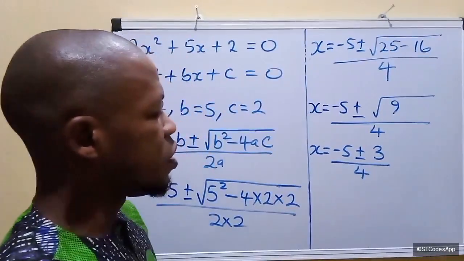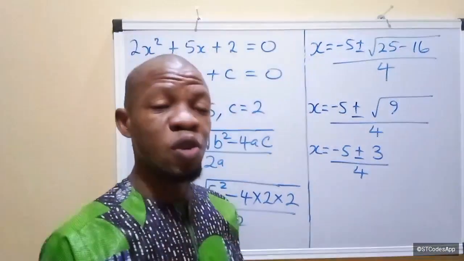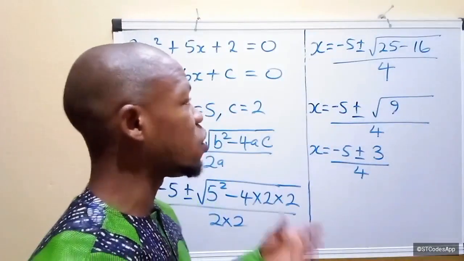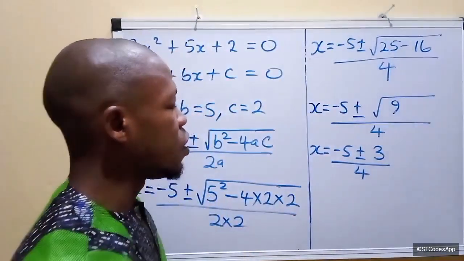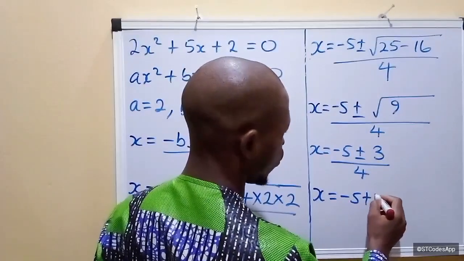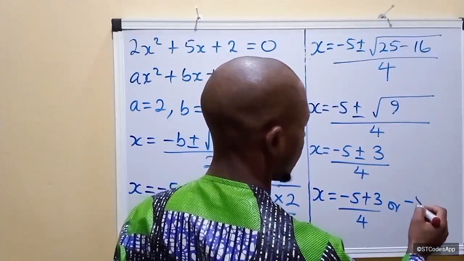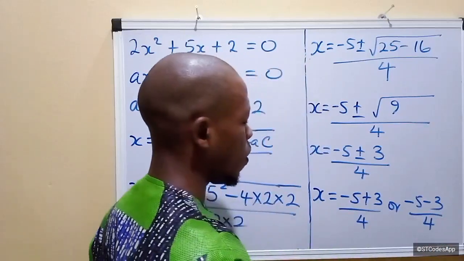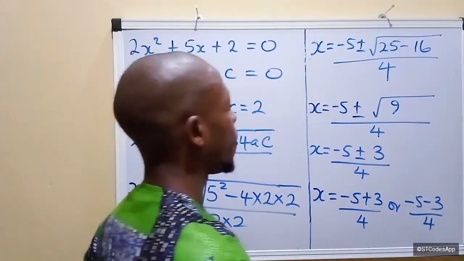Now at this point, because of the plus and minus we have here, we're going to be getting two solutions to this problem. Of course, that's what we expect in every quadratic equation, to end up with two solutions, that is the two roots of the equation. So that's going to be x is equal to minus 5 plus 3 all over 4, or x equal to minus 5 minus 3 all over 4. So we're going to solve this separately and get the two solutions we are looking for.